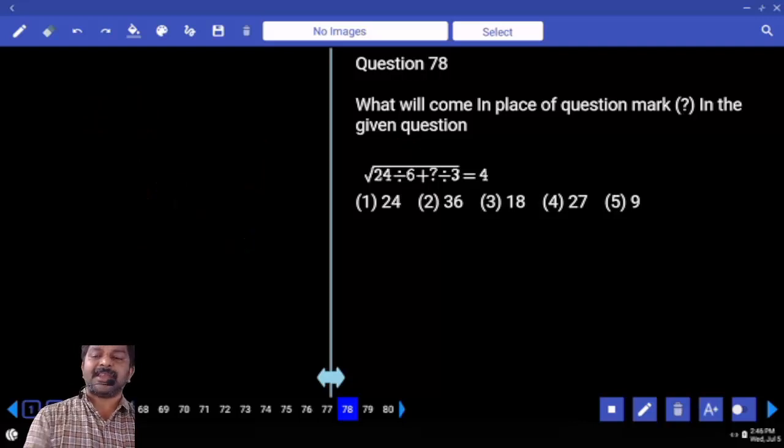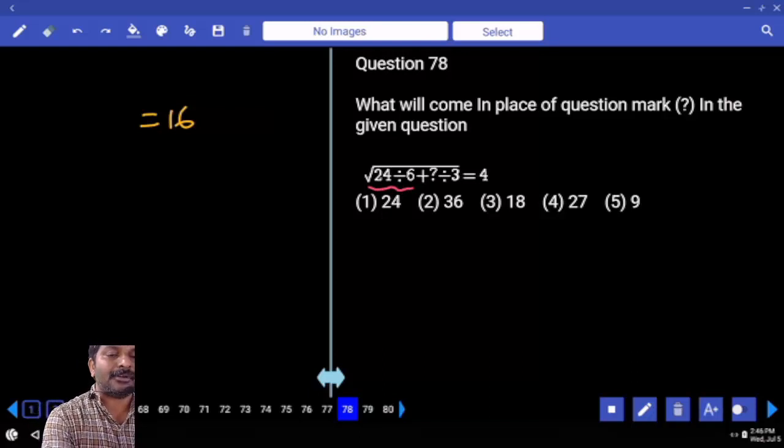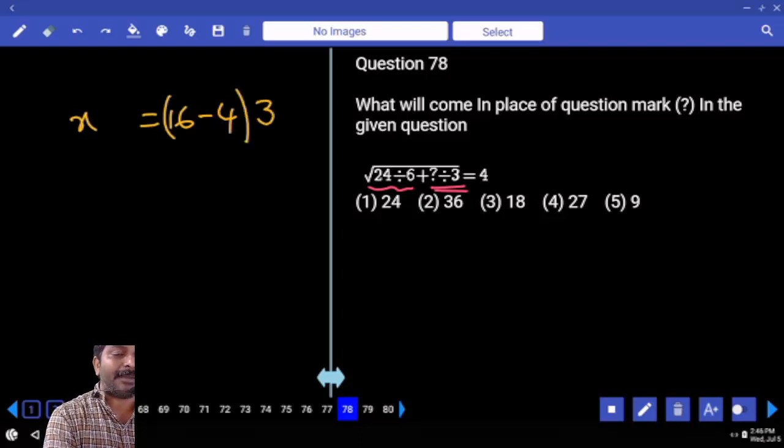Squaring on both sides. Right hand side 16. Left hand side first number 4 goes to right hand side. Minus 4, right? That is equal to x divided by 3 only. Then x in the sense this number multiplied by 3.